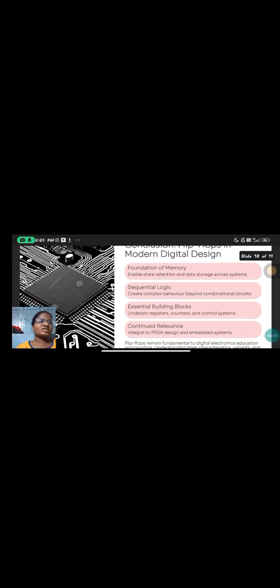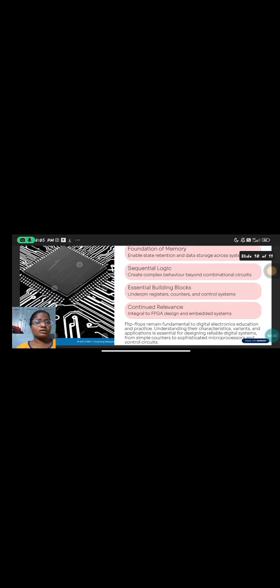Flip-flops in modern digital designs. Foundation of memory: enable state retention and data storage across systems. Sequential logic: create complex behavior beyond combinational circuits. Essential building blocks: underpin registers, counters, and control systems. Continued relevance: integral to FPGA design and embedded systems.